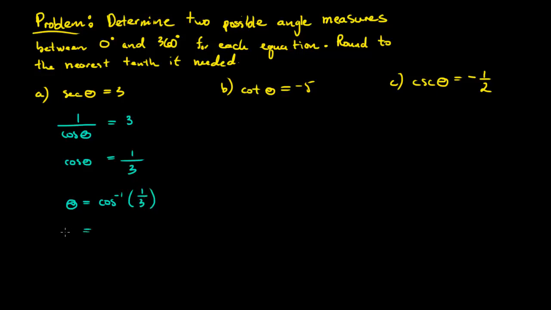If on a calculator you calculate the inverse cosine of 1/3, you get that theta is equal to 70.5 degrees, where we've approximated theta. So theta is approximately 70.5 degrees.